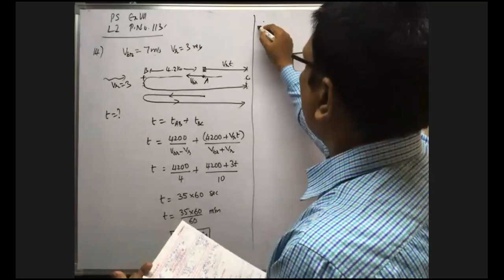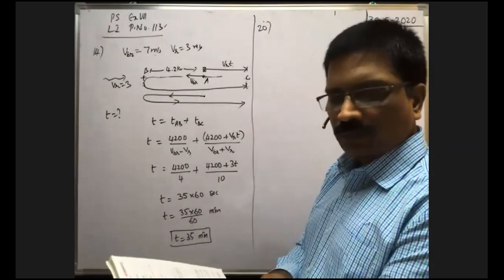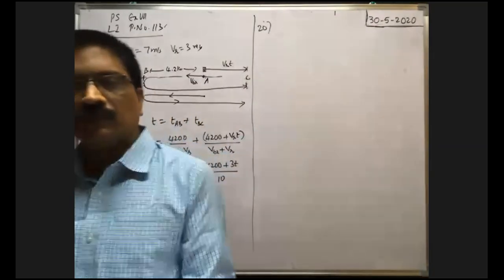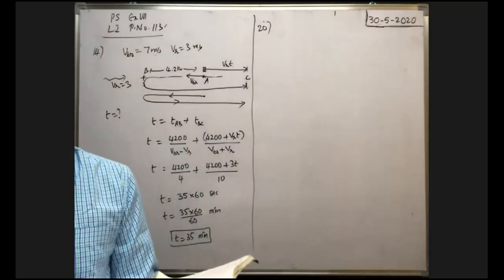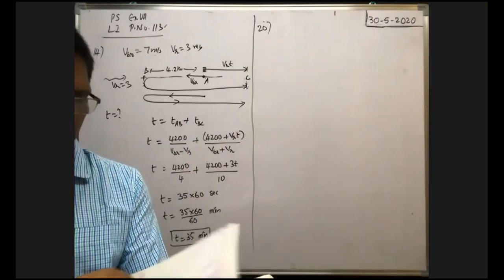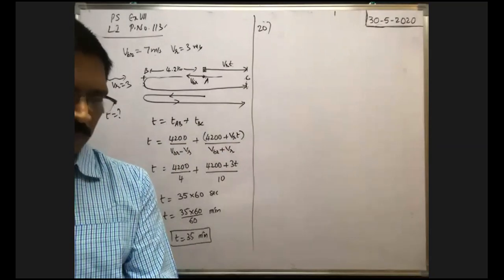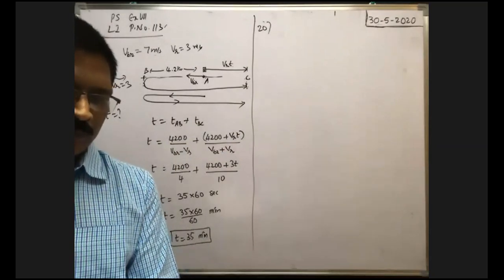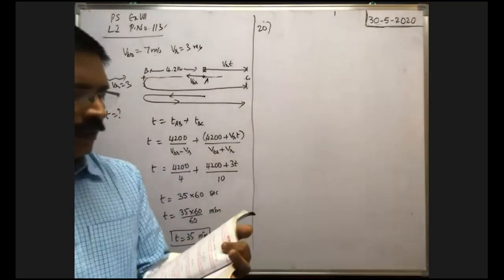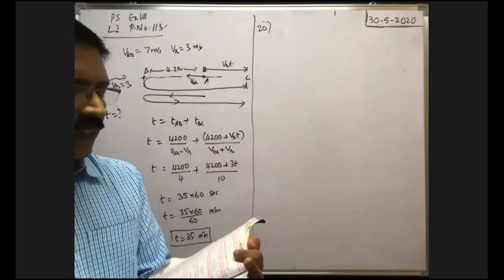Okay, in this last problem, I think in concepts I said it is raining vertically downwards.